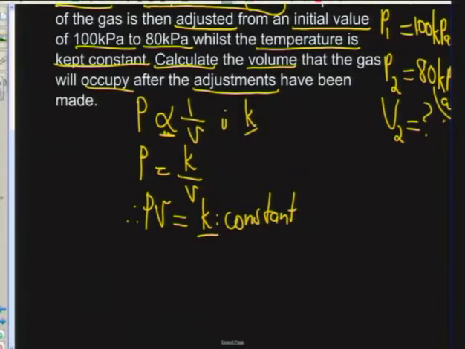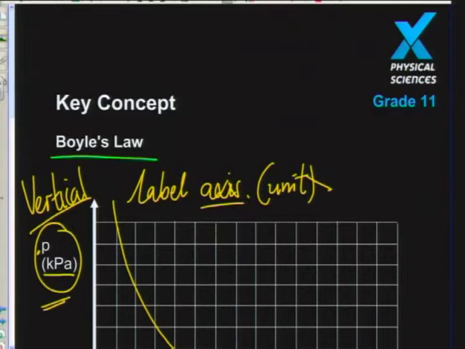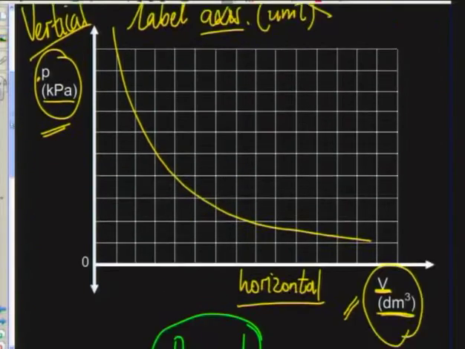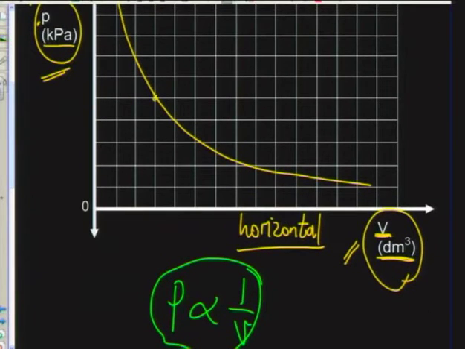So this means that, maybe we can go back to this graph here. If I look at this point, let me use a different color so we can see these points. There is a P value here, which I will call P1, and there is also a V value here, which will be V1.